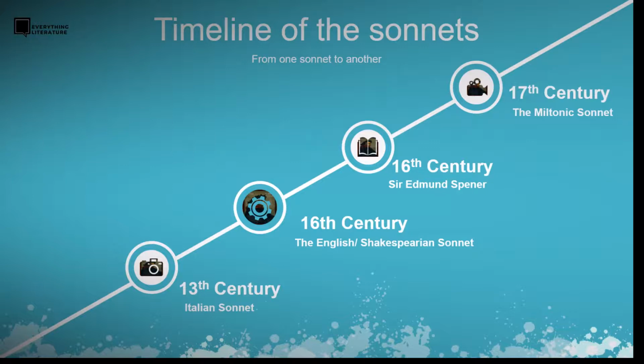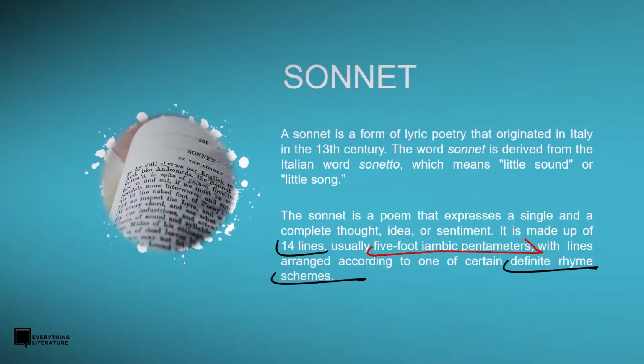So with that, we have come towards the end of the class. I hope you enjoyed the class, getting to understand what a sonnet is all about: a poem that is 14 lines in number, and it's actually from the Italian word sonetto, like a little sound.